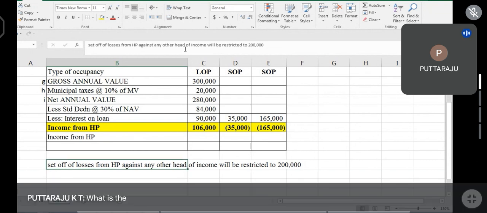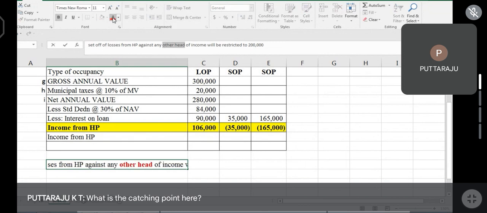What is the catching point here? Other head.